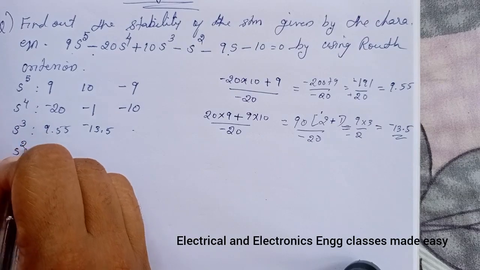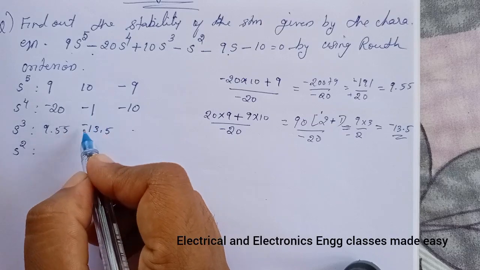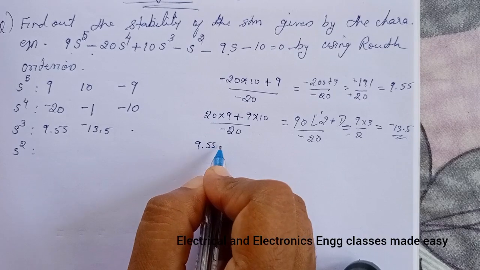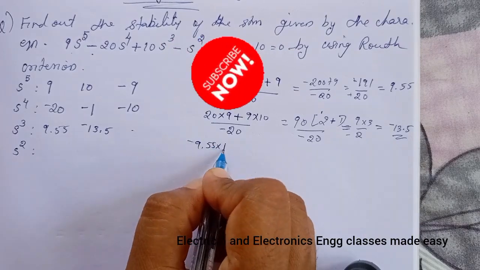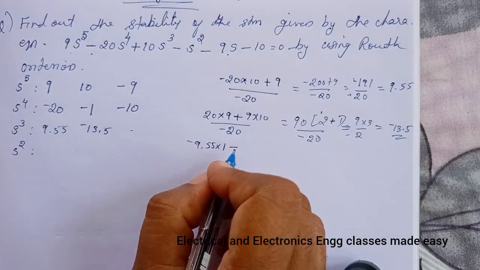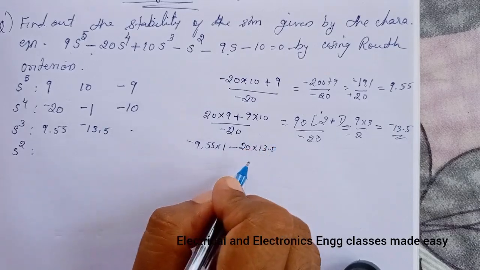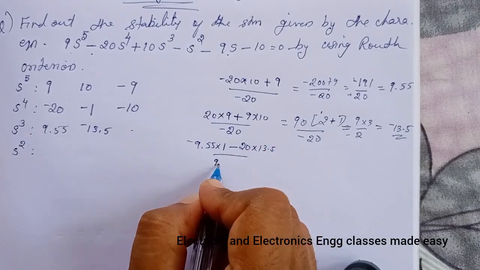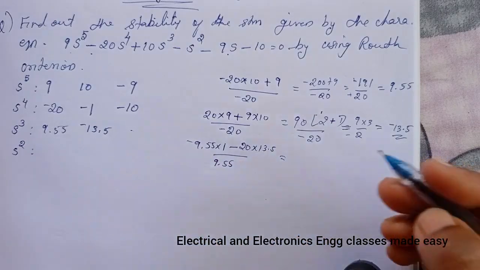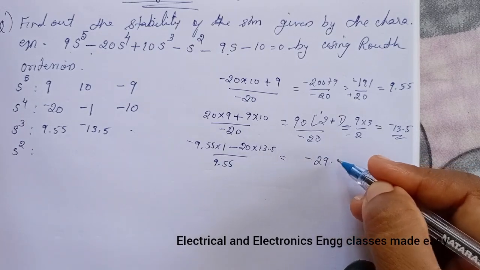Then the next row is s square. So s square is obtained with the previous two rows, that is 9.55 into minus 1, then minus 20 into minus 13.5, divided by 9.55, and that is equal to minus 29.3.